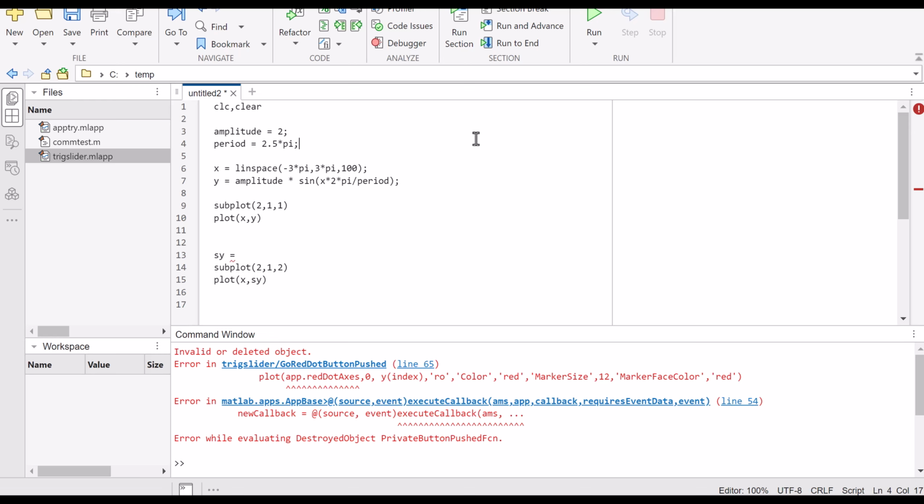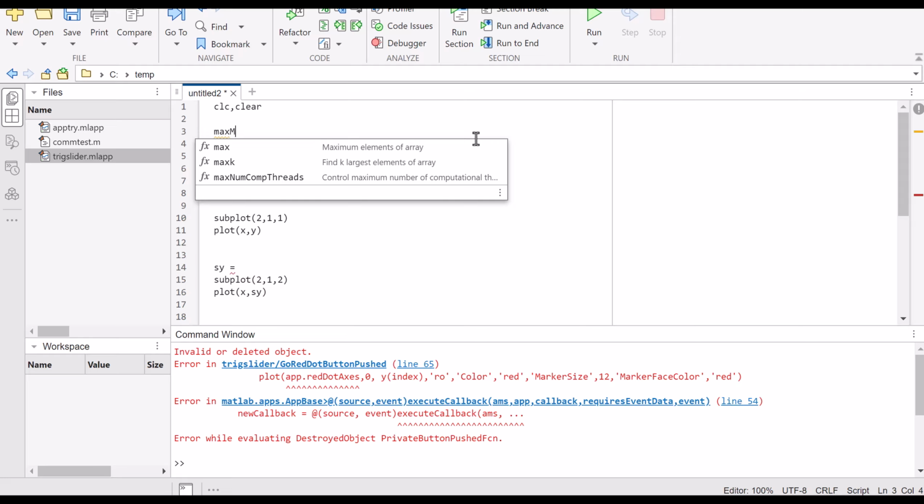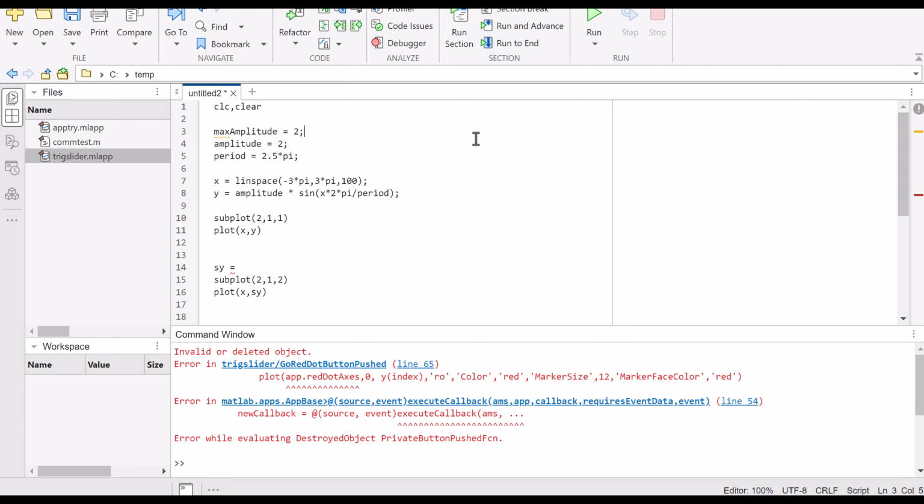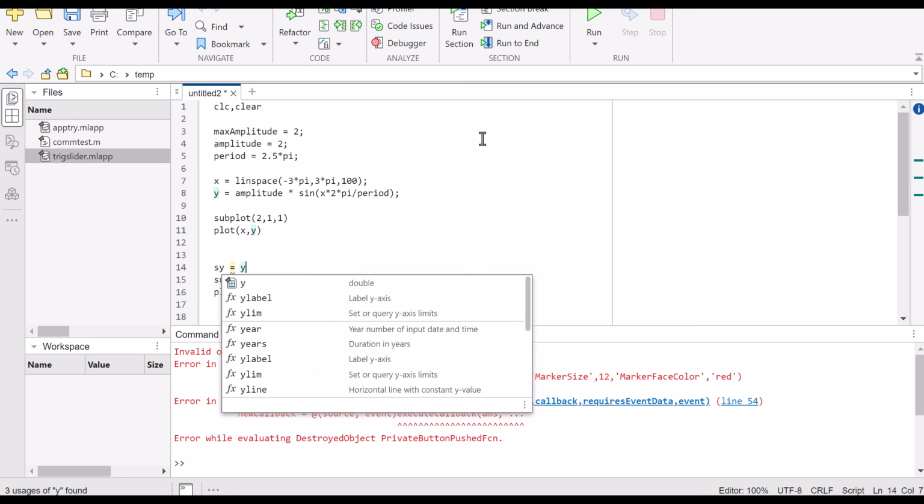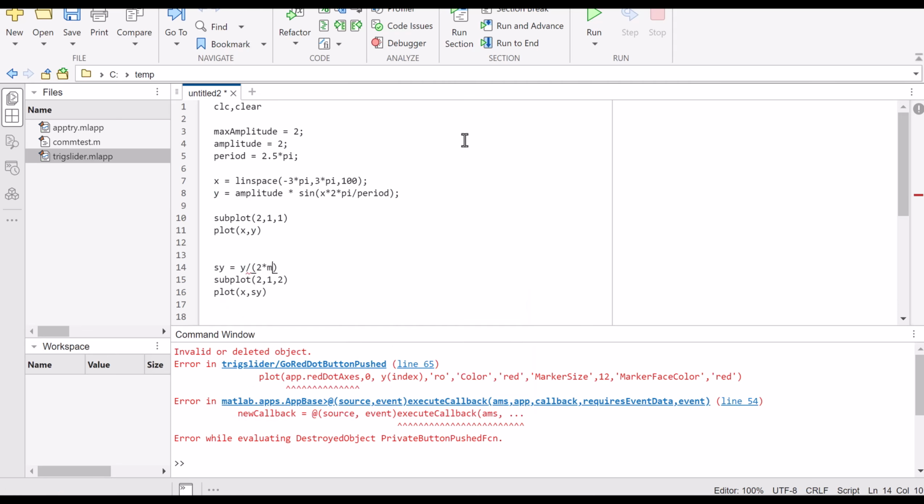So really what I need to know is what's my max amplitude, and in this case it's 2. So whatever my y is, say the amplitude is 2, then that means go up to 2 and down to 2, so it's really 4. So I really need to divide by 2 times the max amplitude, because my numbers can only go from 0 to 1.